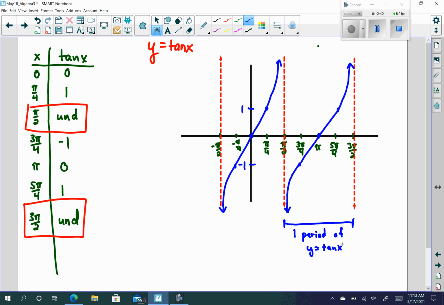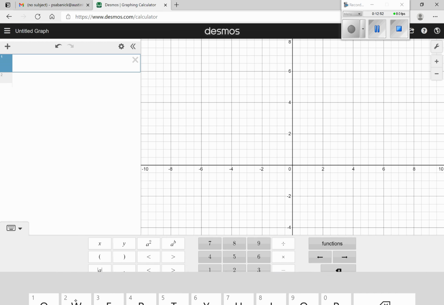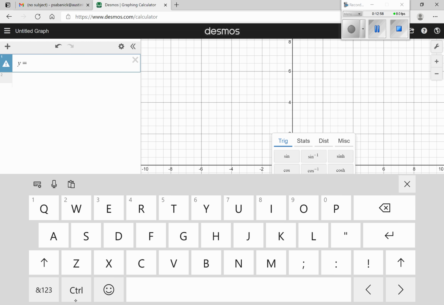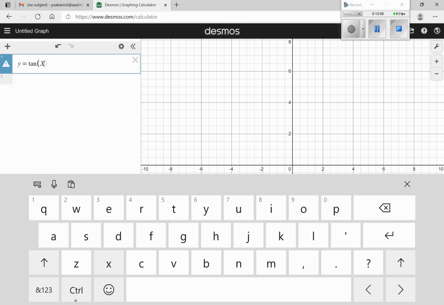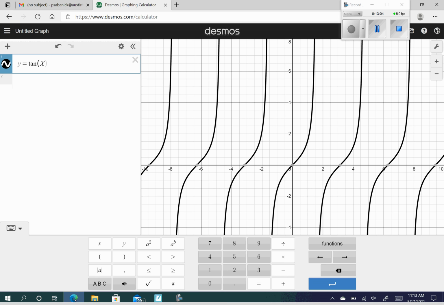And again, this looks the most complex out of all three of them, but this would be a series of these curves. So let's take a look at what that looks like on Desmos. They don't draw on the vertical asymptotes, but I'm actually going to write this in.